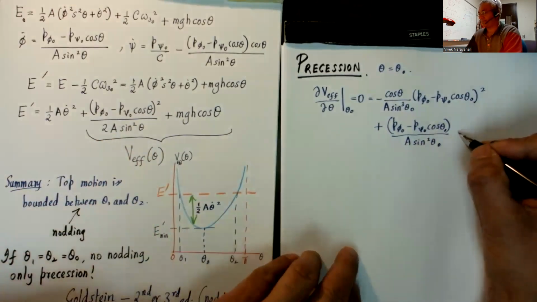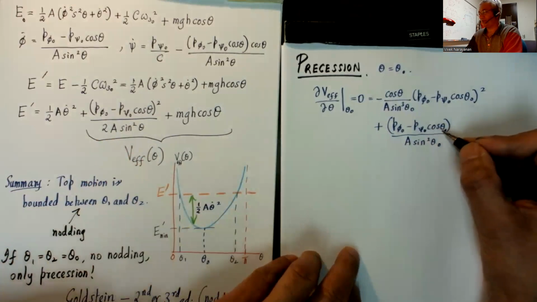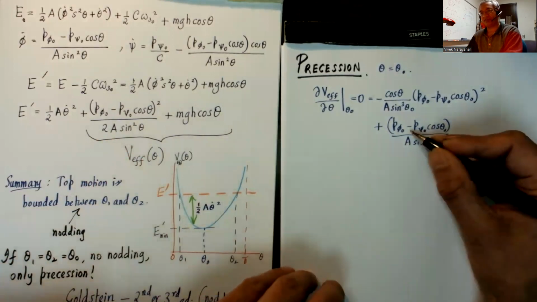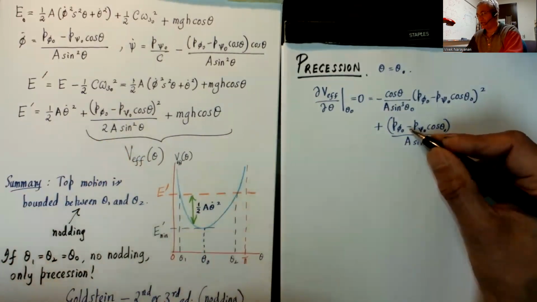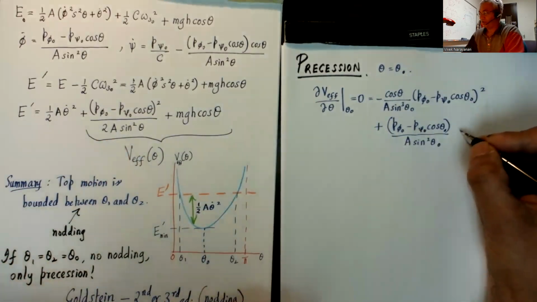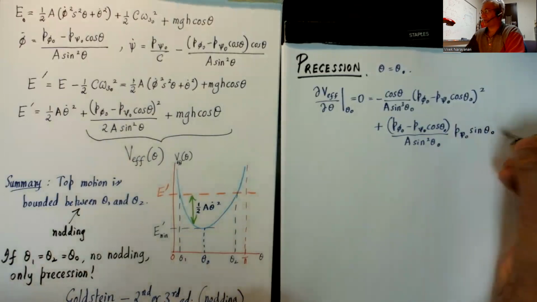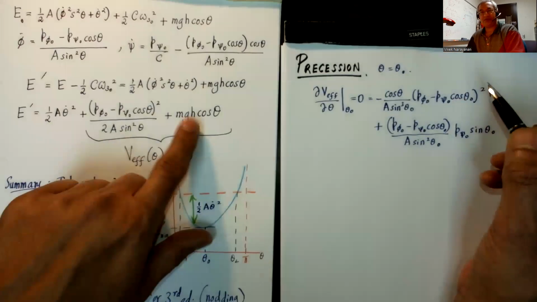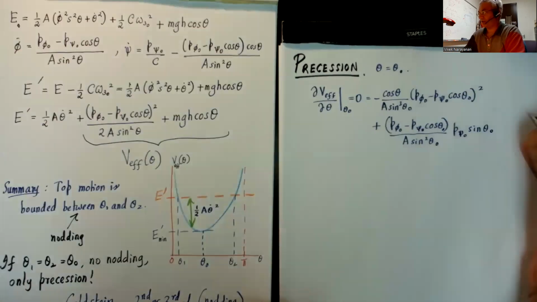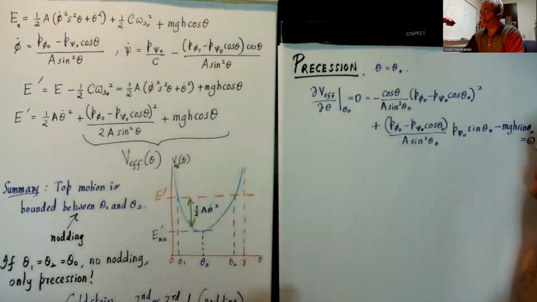And when I do that, I'm going to get the derivative of cosine, which is negative sine, but there's a negative sign over here, so those two things cancel out. So I just get p psi naught sine theta naught. And then I have to also differentiate the mgh cosine theta, and that gives me negative mgh sine theta naught equal to 0.